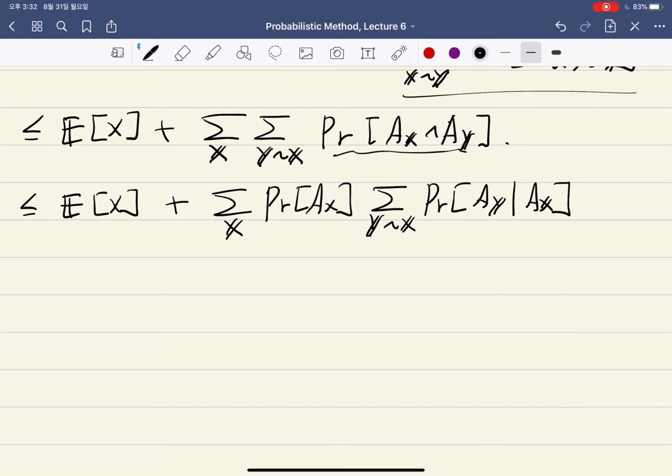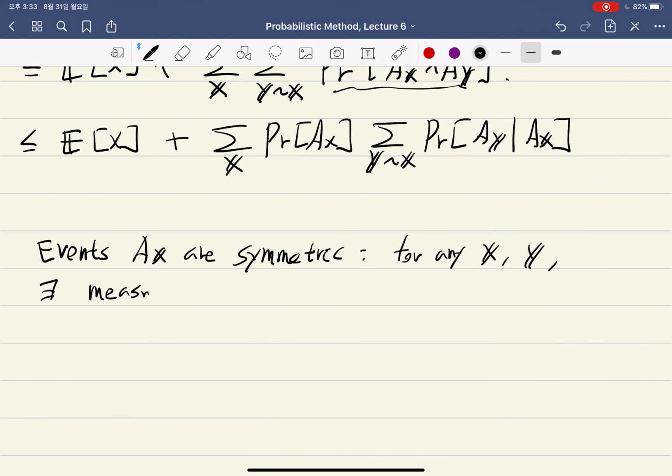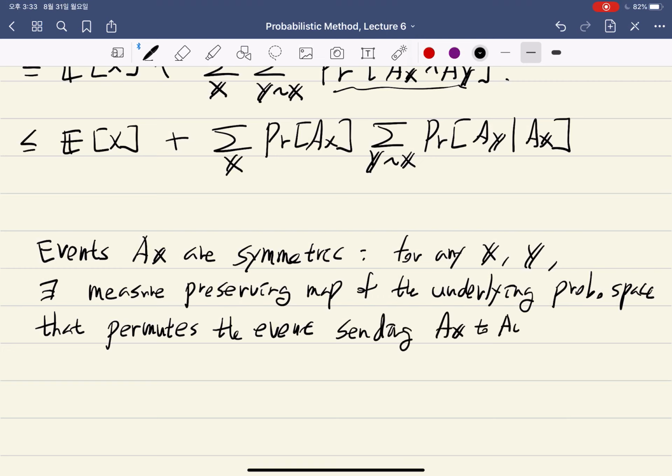But note that the events A_x are symmetric in the sense that for any x and y, there exists a measure-preserving map of the probability space that permutes the events, sending A_x to A_y.